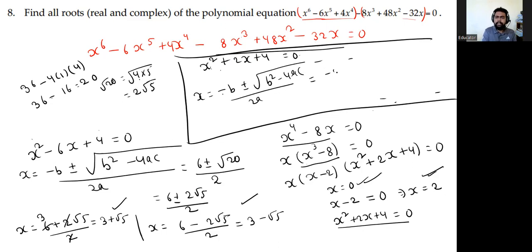So negative b would be negative 2. There would be plus minus root over 2 square, so that would be 4. And 4 minus 4ac, like 4 times 1 times c, and c is again 4. So 4 minus 16, that is going to make negative 12.